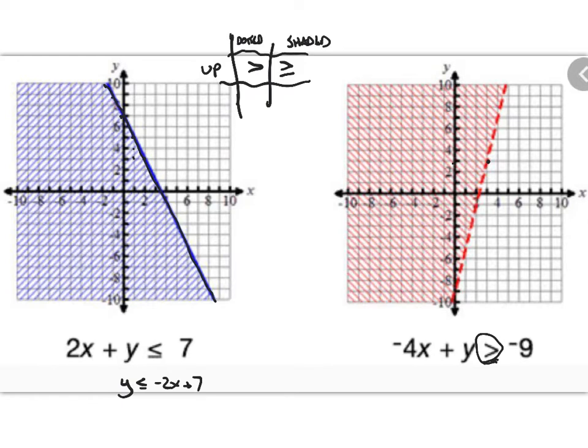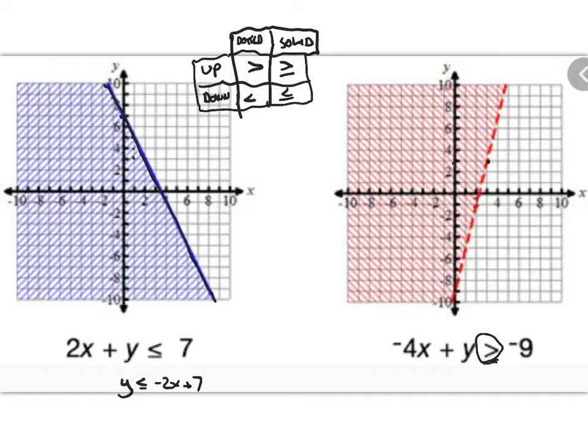The line is dotted or solid, and the solutions are up or down, depending on less than or equal to. Or I shouldn't say shaded, I should say a better word. Let me say, is it a dotted line or a solid line? And this is a little handy keepsake to help you remember how to do the shading.